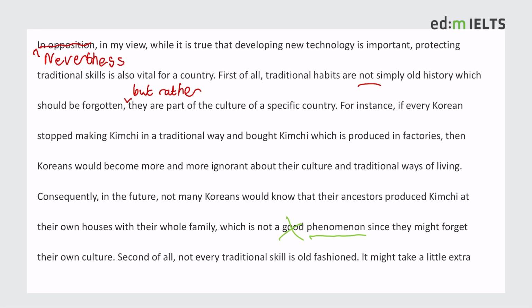So let's change this. I'm going to be more careful with the language, because it says might here, so it's not definitely going to happen, but there could be negative consequences, perhaps. So which could be a negative change, a negative development, since they might forget their own culture.